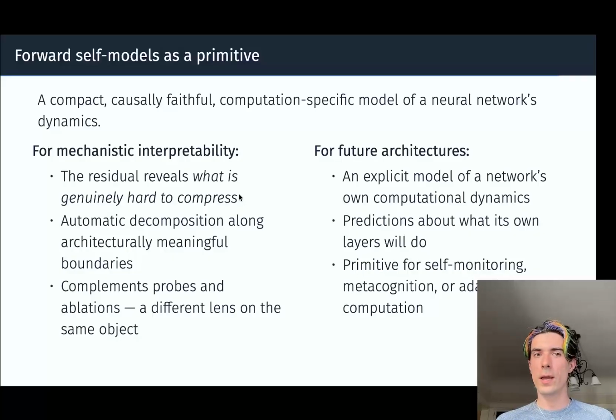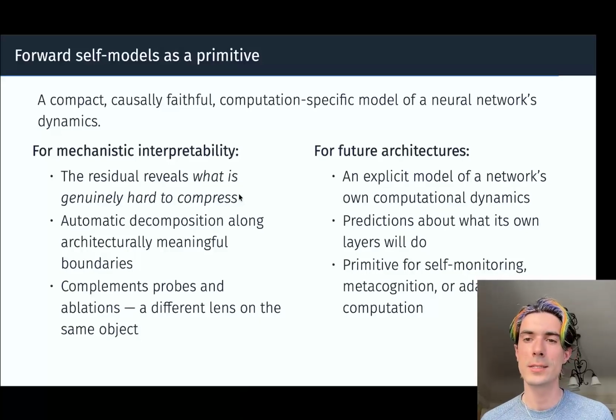And going forward, I'm really excited about this as a potential primitive for some exciting ideas that we don't have great ways of representing in ML right now, specifically along the lines of self-monitoring, metacognition, adaptive computation, that sort of thing. If you think about it, one of the things that LLMs right now are not great at doing is, I would argue, specifically what is known in psychology as metacognition, the ability to think about your own thoughts as an explicit object.